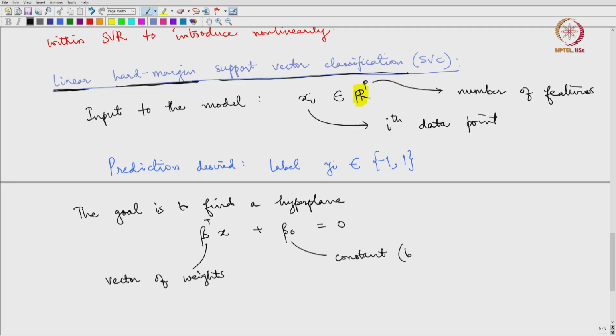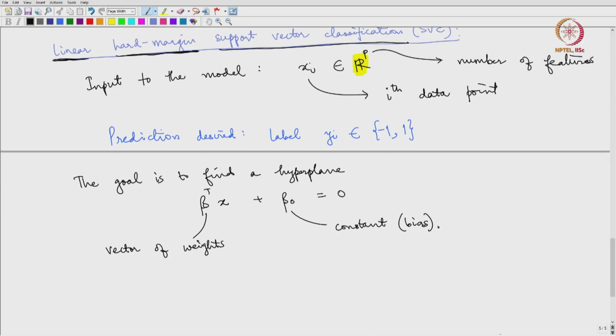The constant is also called a bias, and this is a vector of weights. There are p features, so there have to be p weights. When you multiply them, you are taking a dot product between the weights and the features. I am writing that as beta transpose x, assuming that x's are row vectors and beta is also a row vector. Then if you take beta transpose, that will become a column vector, and you will get a scalar here. Okay.